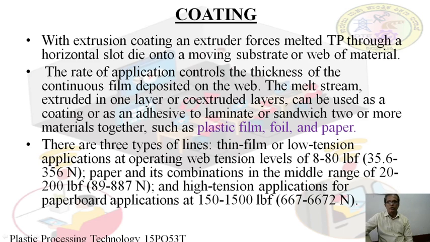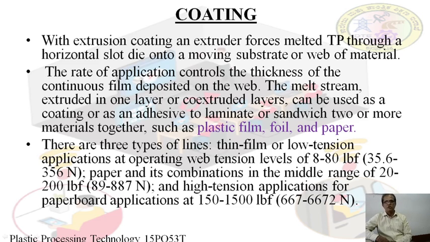With extrusion coating, an extruder forces the melted thermoplastic through a horizontal slot or die onto a moving substrate. Substrate is nothing but base material. The rate of application controls the thickness of the continuous film deposited over the web.